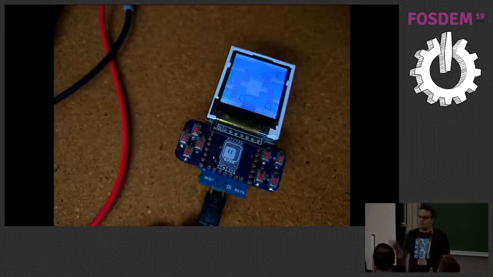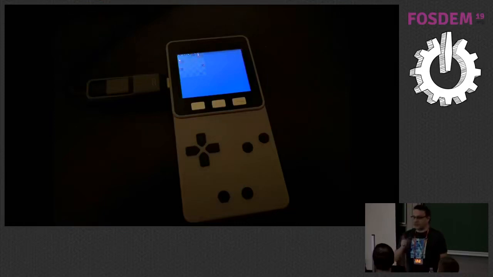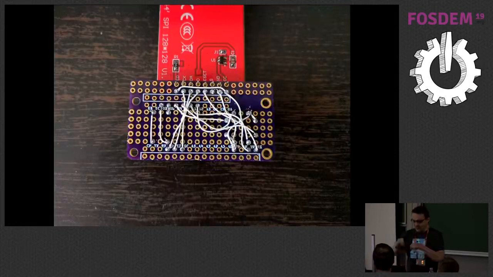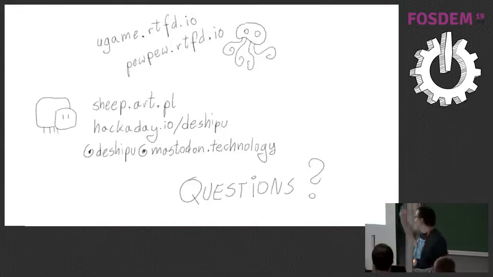Oh, by the way, I ported it back to MicroPython, but I didn't make a pull request. There is a separate repo. But you can make your own game console with MicroPython yourself. It works on M5Stack as well, and yeah, you can just connect a bunch of wires and a display, and it just works. And those are all the addresses you might find useful.